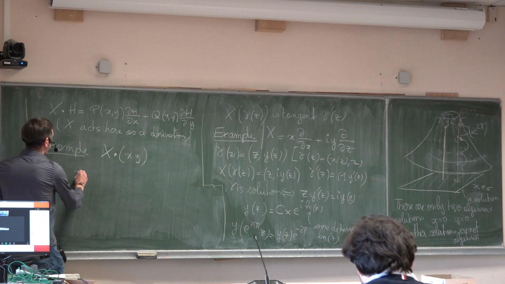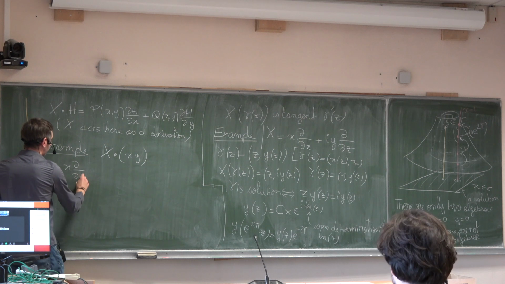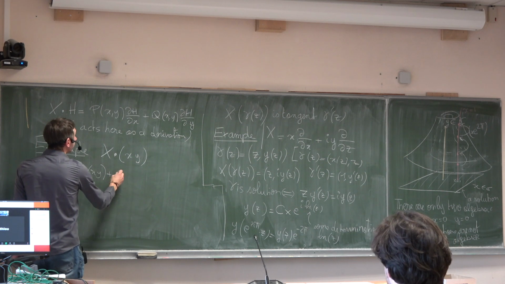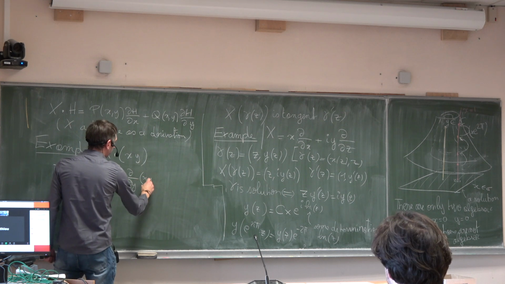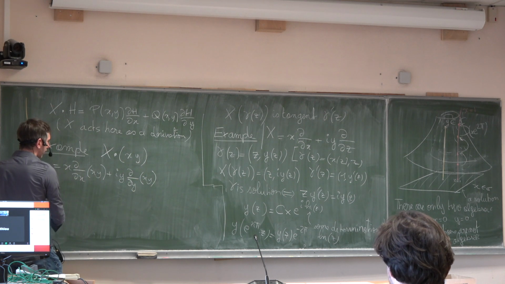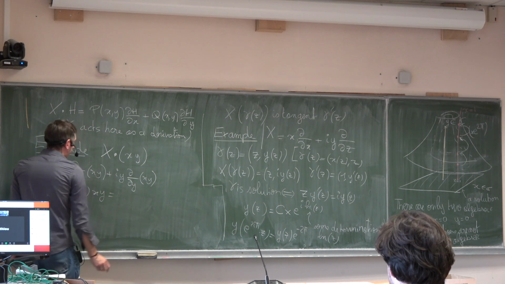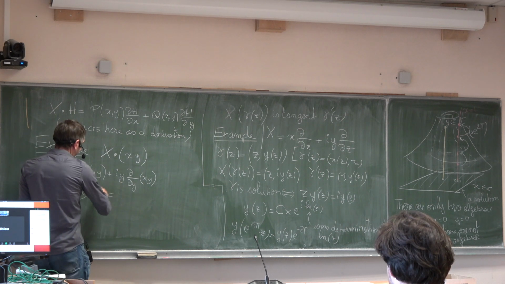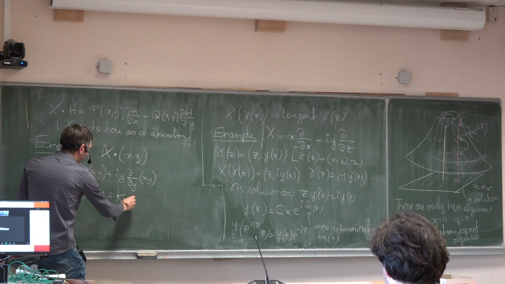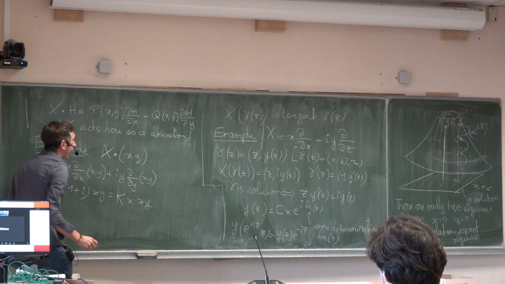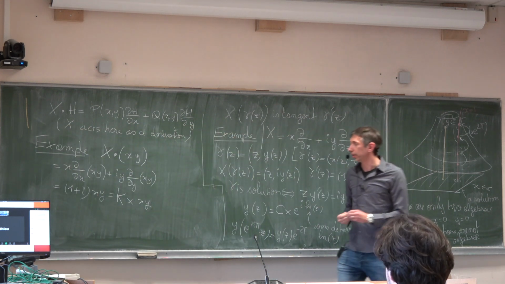So this is X applied to xy, that is, x d over dx of xy plus y d over dy of xy. And so you find something which is written 1 times xy. Or in other words, you find the initial function multiplied by something, let's say k times xy. And this is something which is very general, actually. This is an exercise.